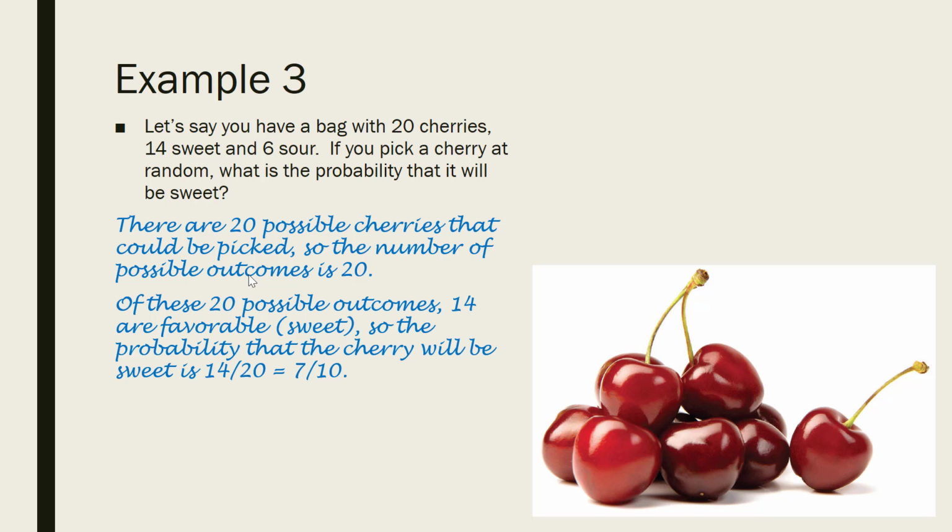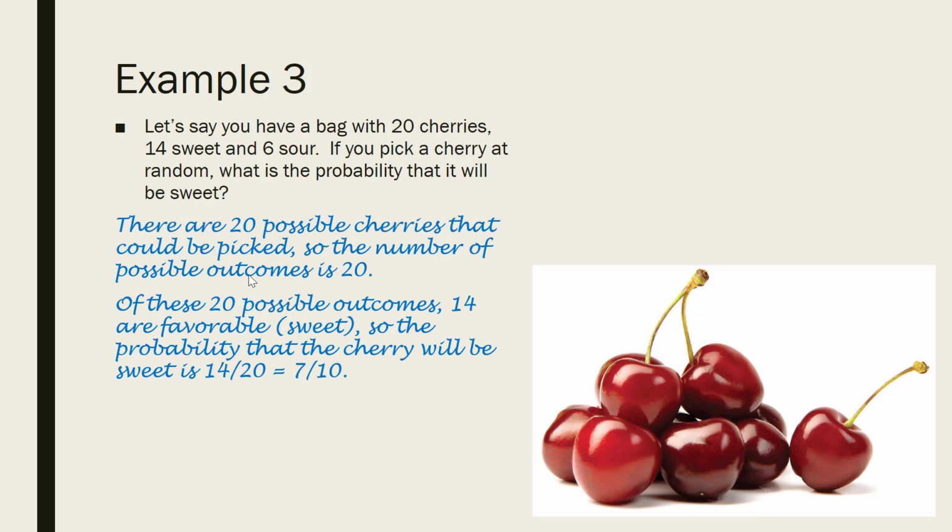So the probability that the cherry will be sweet would be 14 out of 20, which can simplify to 7 out of 10. So there's one potential complication to this example, however. It must be assumed that the probability of picking any of the cherries is the same as the probability of picking any other. So this wouldn't be true if, let's imagine that the sweet cherries are smaller than the sour ones. So the sour cherries would come to hand more readily when you sampled from the bag.